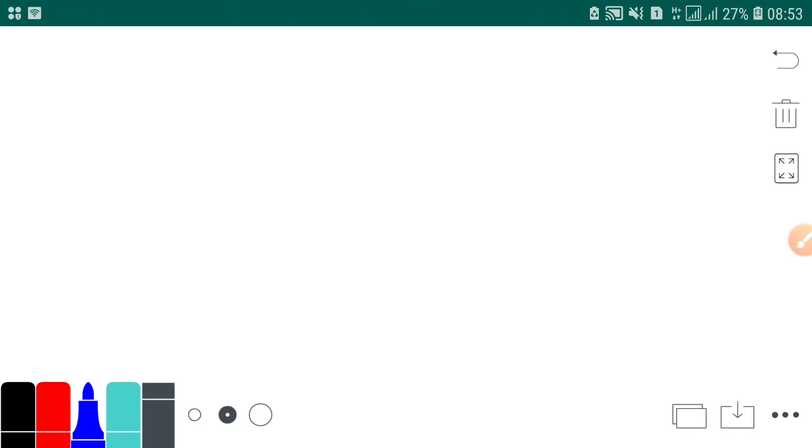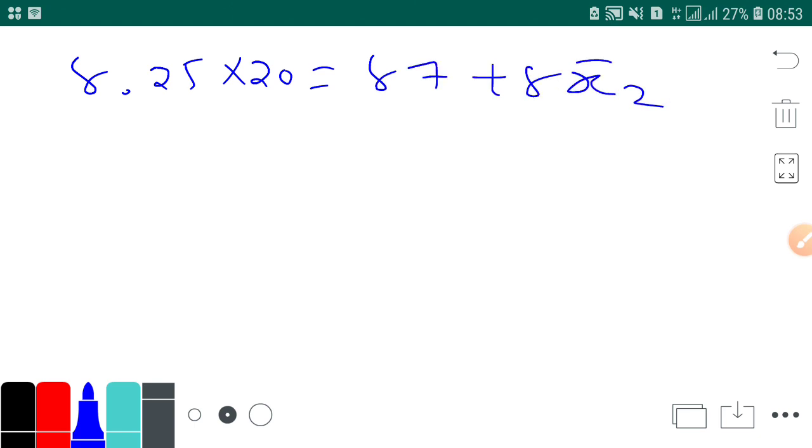Let us write in a new page. 8.25 into 20 is equal to 87 plus 8 into x bar 2. 8.25 into 20 is 165. 165 is equal to 87 plus 8 into x bar 2.